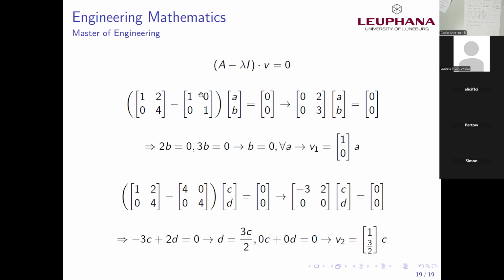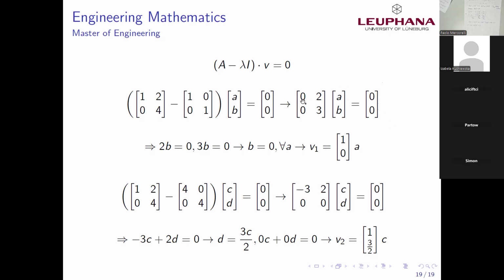Now, this difference is easy: 0, 2, 0, 3. Because 1 minus 1 is 0, 2 minus 0 is 2, 0 minus 0 is 0, 4 minus 1 is 3. I have to subtract the corresponding elements, which multiply AB. Look, this must be equal to 0, no? In accordance with the definition.